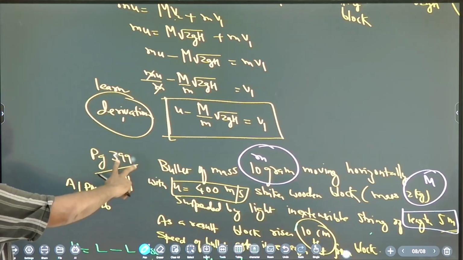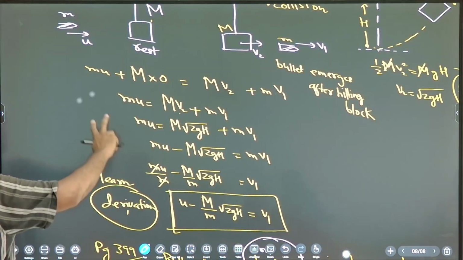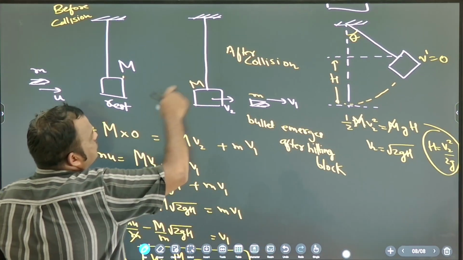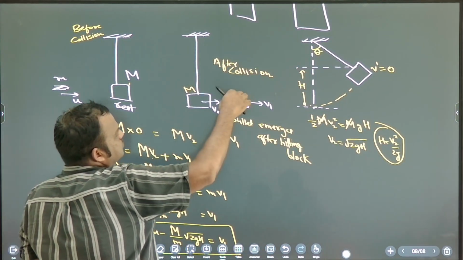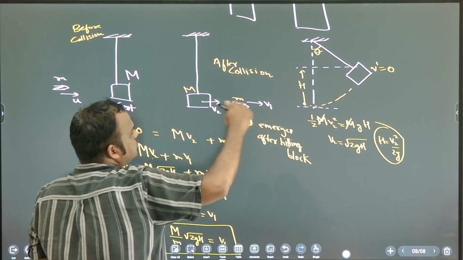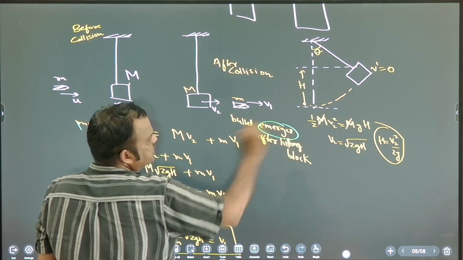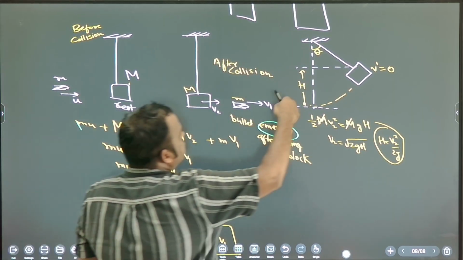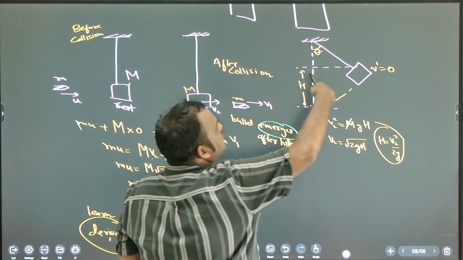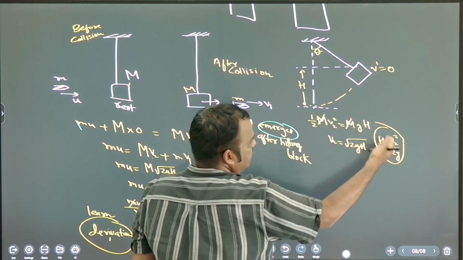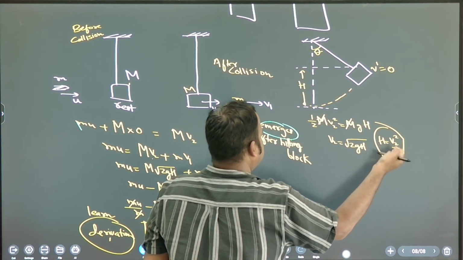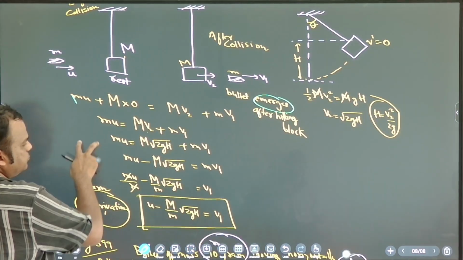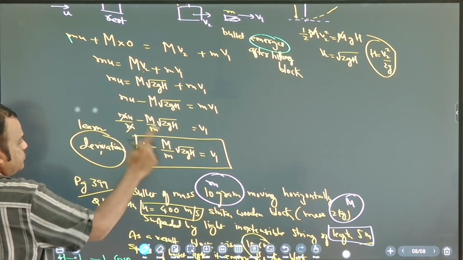Once again, a little bit I am revising. The bullet is coming with u, block at rest. The bullet hits the block. The bullet comes out, pierces, emerges. The bullet comes out with v1, the block with v2, and the block will go to height h. That height is v2 square by 2g. Momentum conservation. This is the formula.